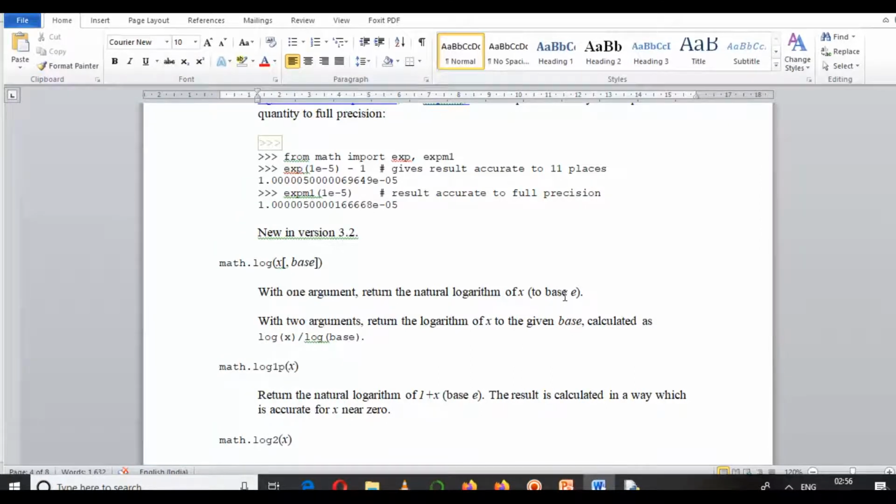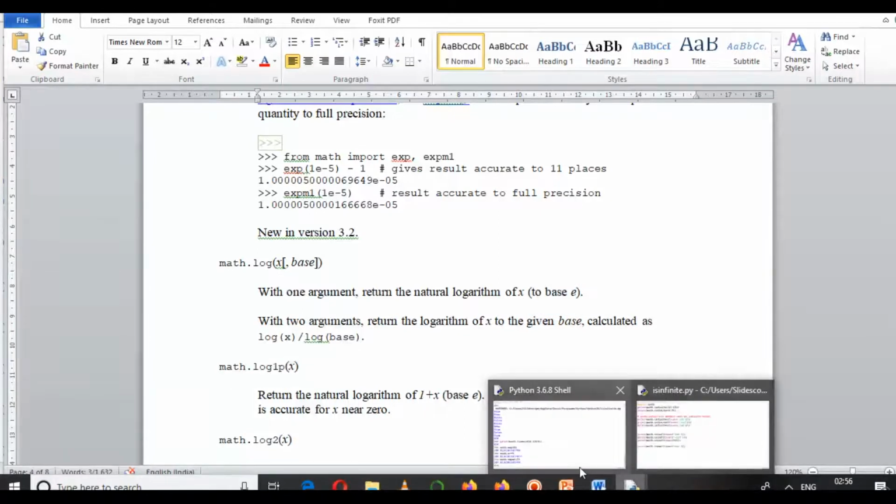That means the base of log will be e, but if you provide some base, then with two arguments it will return the logarithm of x to the given base. So it will return the log of x to the given base, calculated as log x by log base.